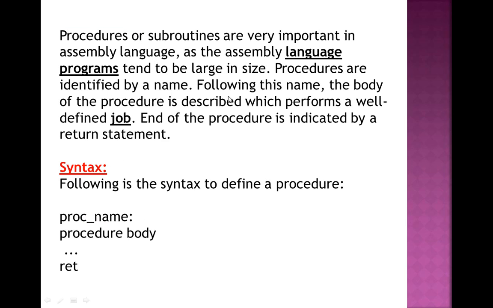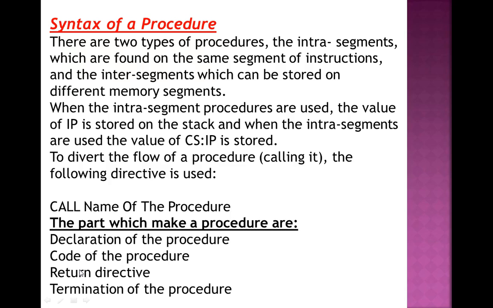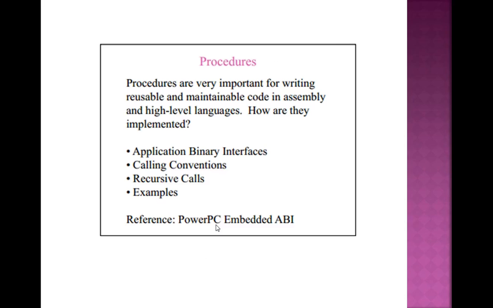Procedures or subroutines are very important in assembly language. This is the syntax of a procedure: procedure name, procedure body, and then a return. Then we also discussed the multiple parts of a procedure, that is declaration, coding part, return directive, and termination of the procedure.